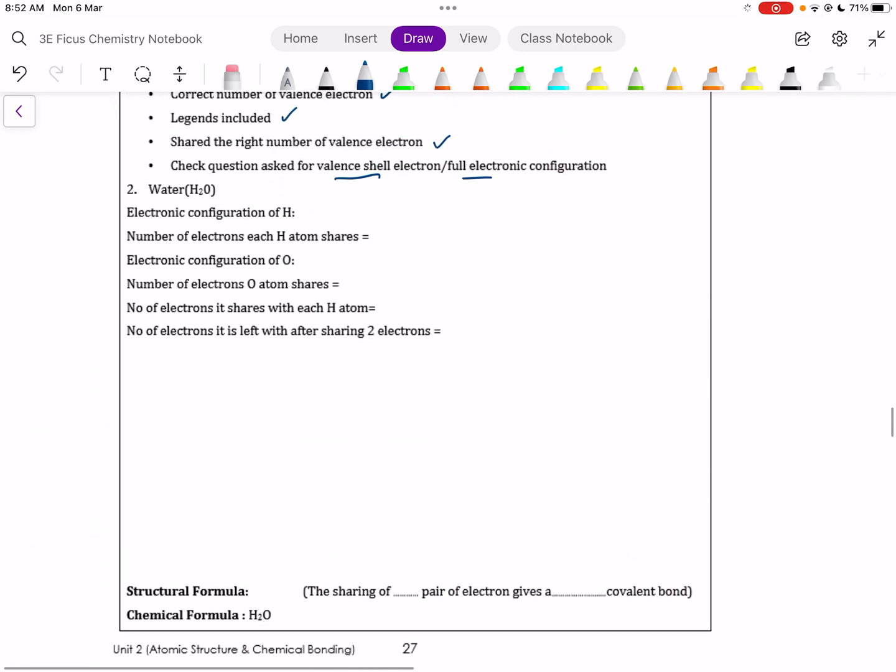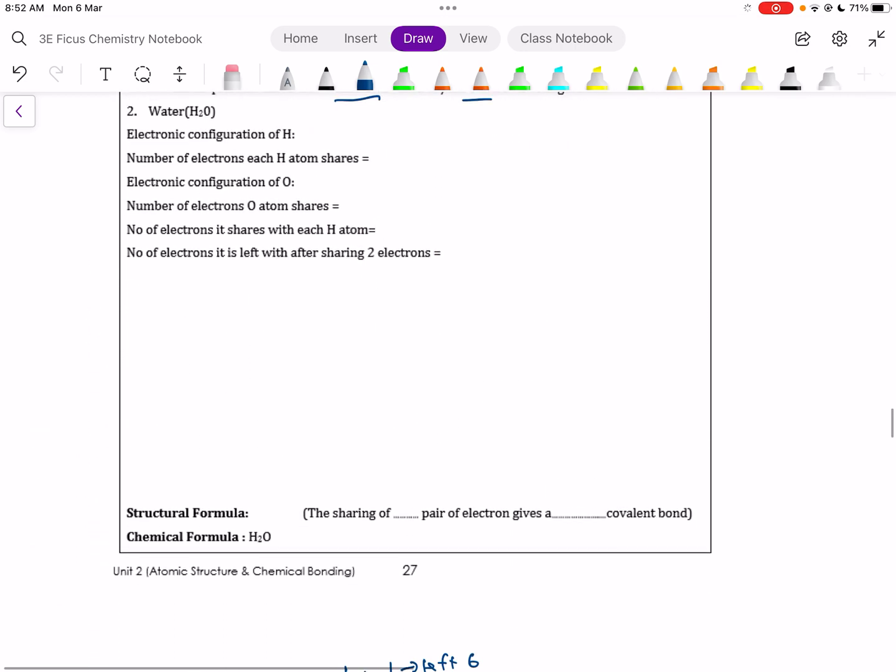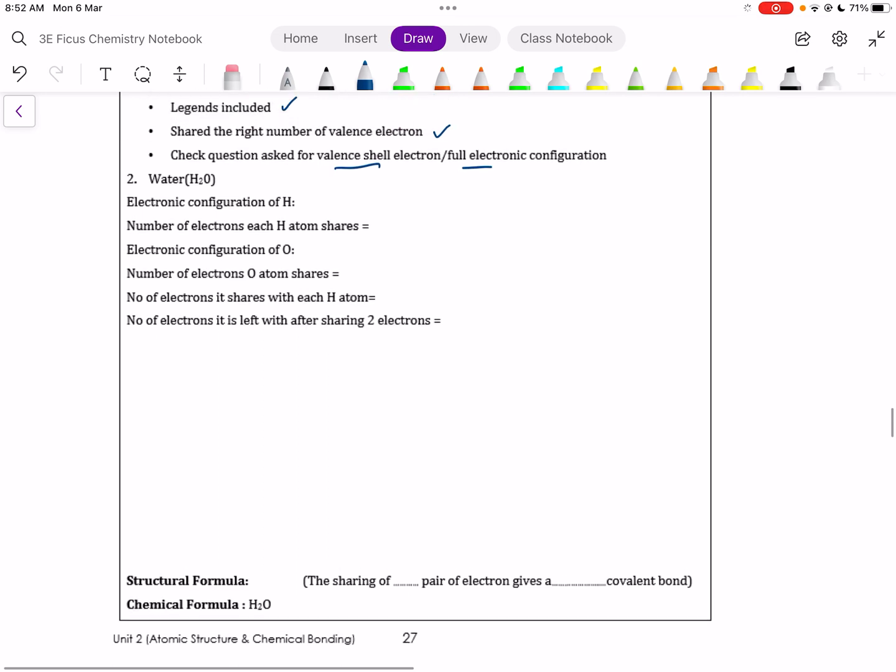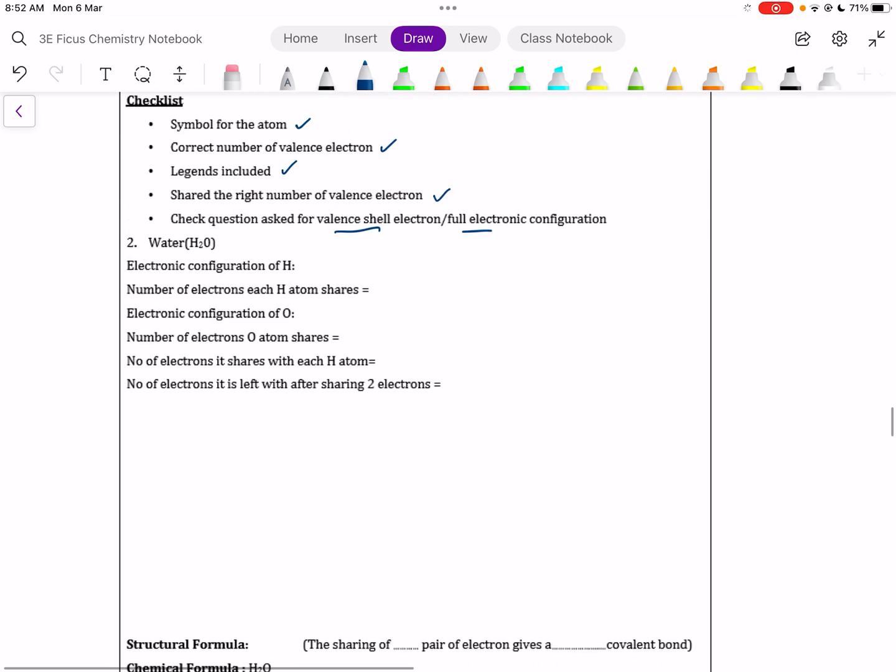The next part we're going to look at is molecules of different elements, which are compounds.